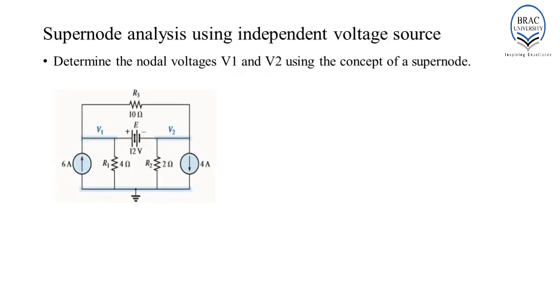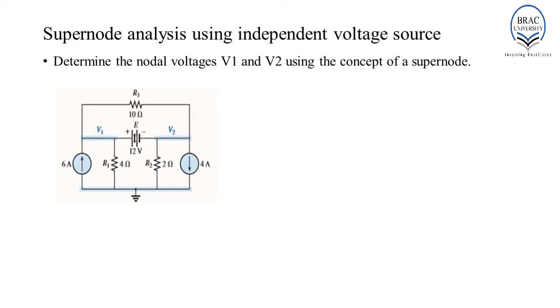Supernode analysis using independent voltage source. Supernode is the equivalent of supermesh in node analysis. In the last lecture, we have studied that if a current source exists between 2 meshes, then the current source must be deactivated and the 2 meshes must be considered as a single supermesh.